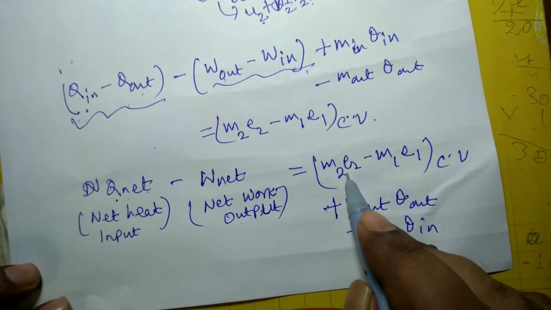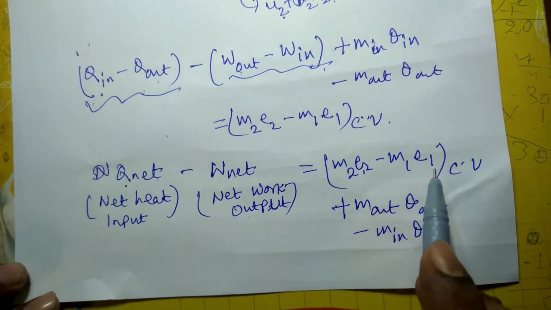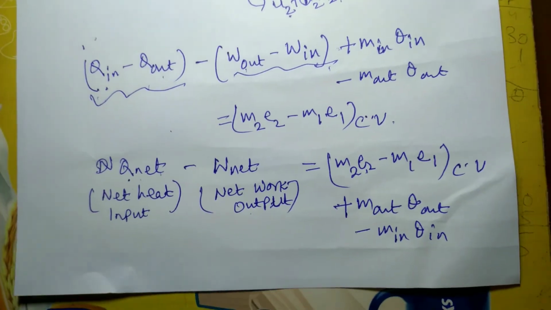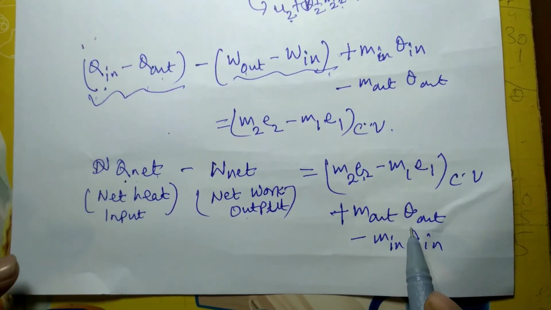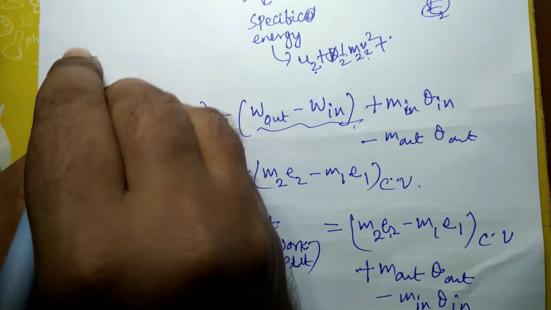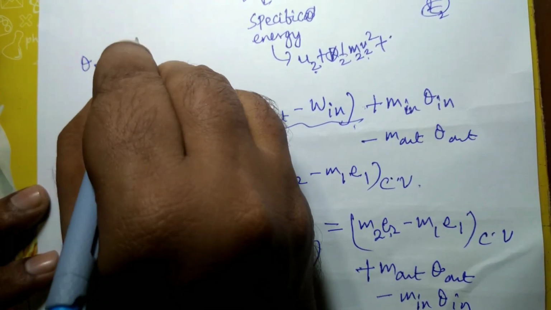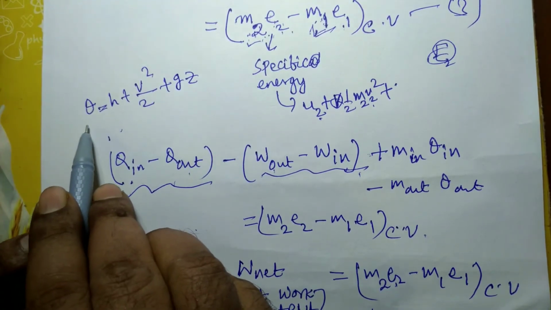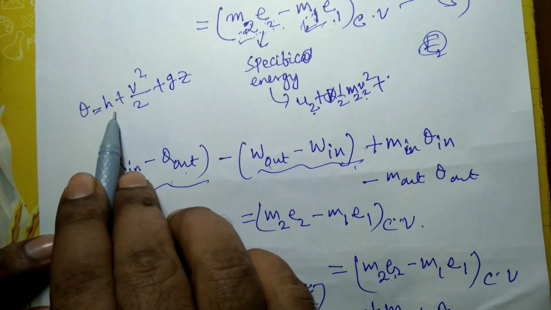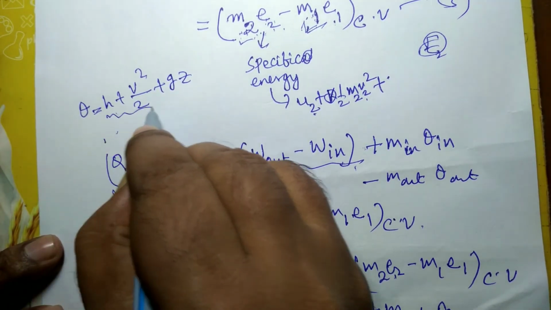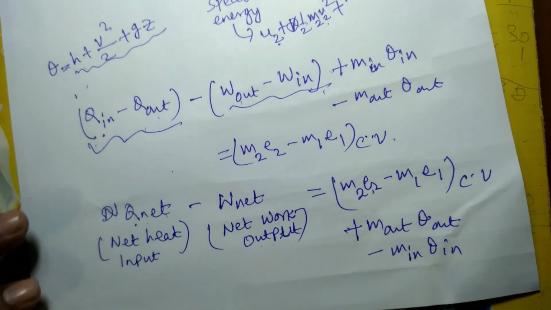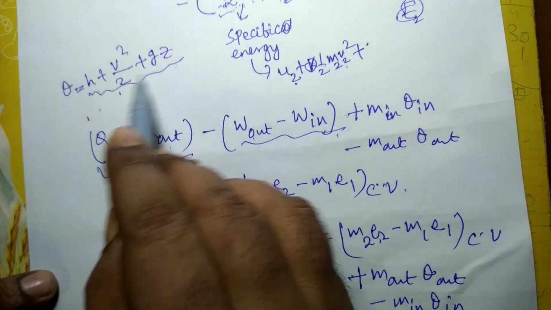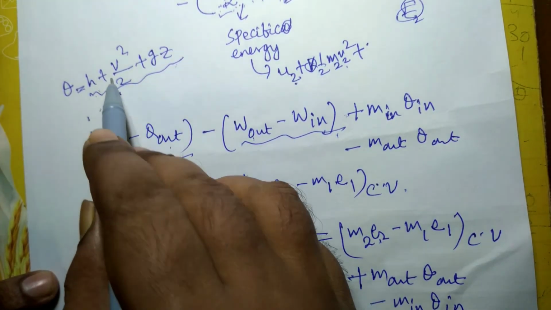And E2 and E1 comprise of three terms, K.E, P.E and U, molecular internal energy. और θ में क्या क्या टर्म है, θ जो energy of a flowing fluid वो है h plus V squared by 2 plus gZ. Specific energy of flowing fluid per unit mass में ये सब है, h, V squared by 2 plus gZ. अगर हम change in kinetic energy और potential energy को neglect कर देंगे, क्योंकि ये जो energy term होता है with respect to h ये बहुत ही negligible होता है.